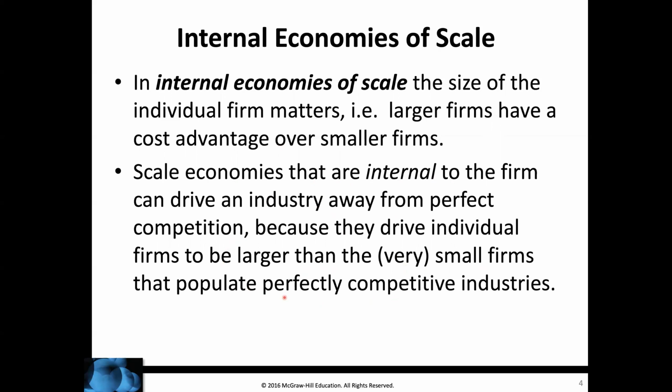So perfectly competitive industries would tend to have a lot of small firms, but when we see imperfect competition, it drives individual firms to become larger so they can take advantage of the scale economies that we've been discussing.